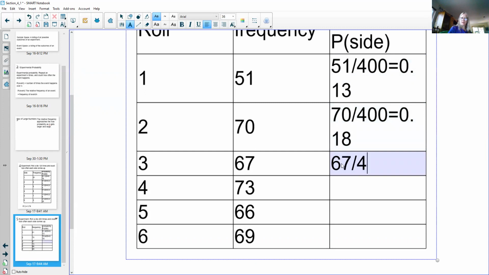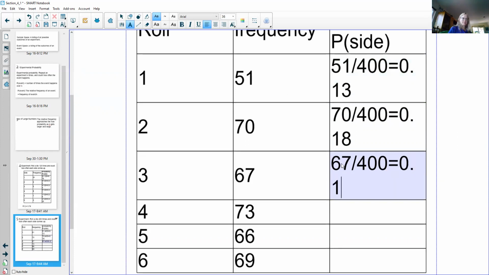And then 67 divided by 400, and that is approximately 0.117.